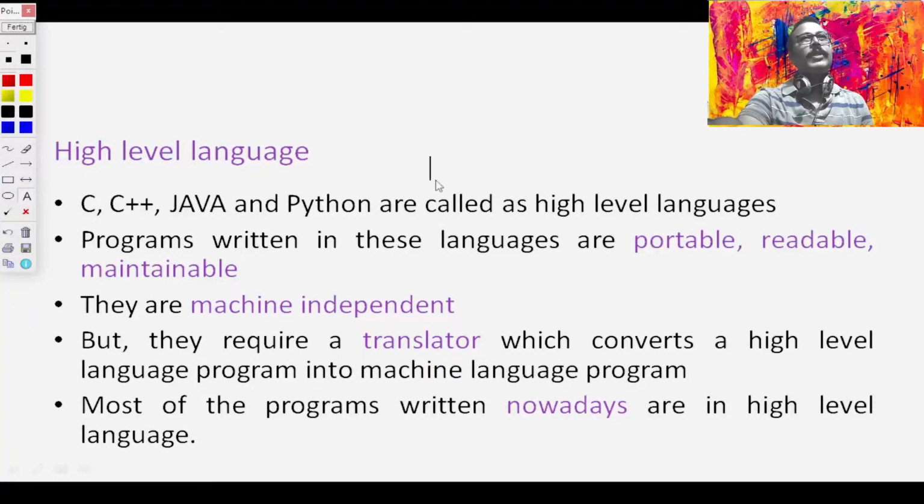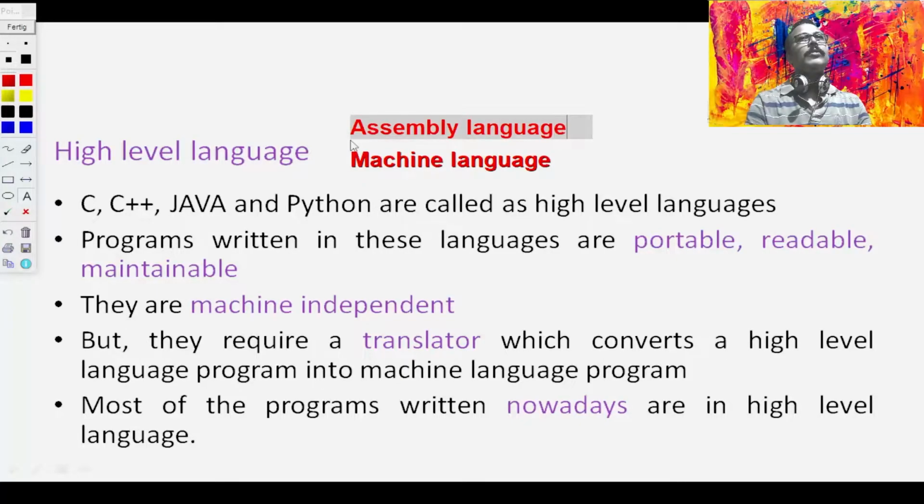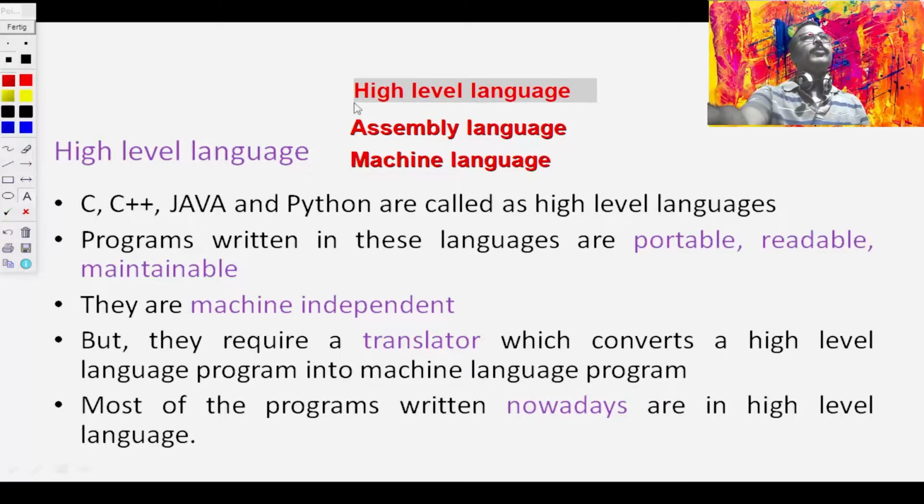Suppose you can write like this. At the bottom is machine language. Above it will be assembly language. Above it is high level language. In between, actually, there will be system programs also, system calls, etc., but let us not consider those things.